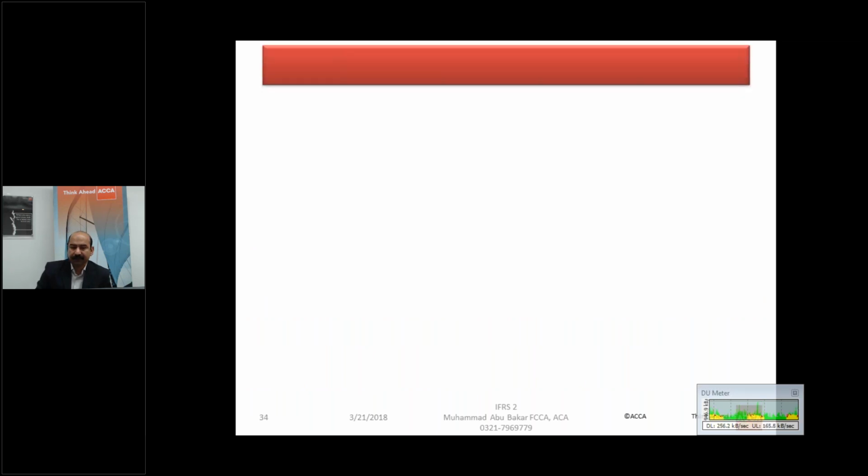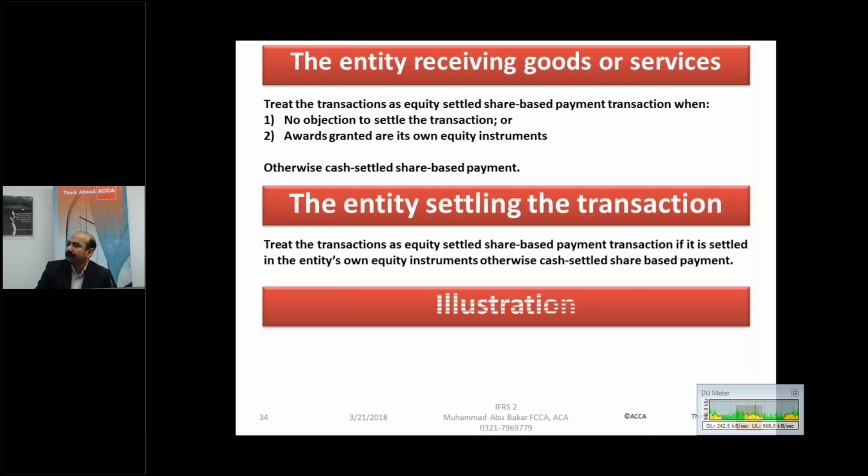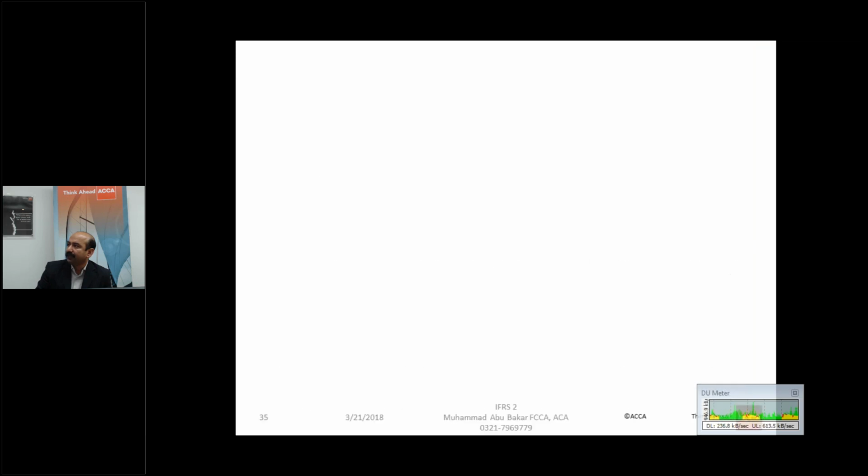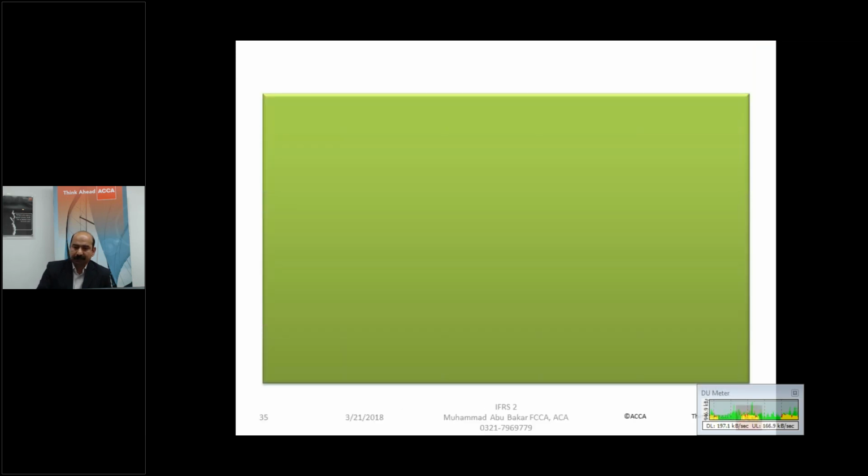I have included material over here, and you can just look at it. It's very simple, and I'll be sending you this small illustration as well. So this is about group transactions.